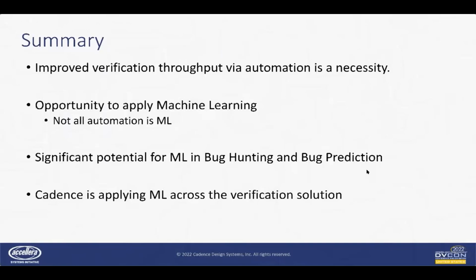And so as a result of this, our goal or our vision of having that step function, we're applying machine learning, like I said, across the various pieces of the verification solution.